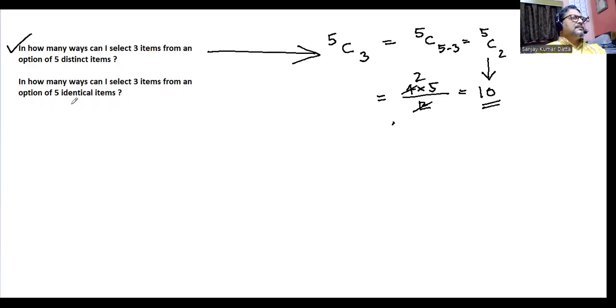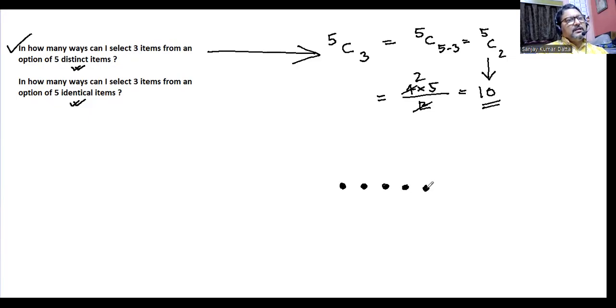But notice here, now instead of 5 distinct items, it is 5 identical items. So what can be the answer here? Well, I can already hear many of you saying that the answer is again 5C3. No. Let us understand it by a small example. Say suppose there are 5 identical black balls.